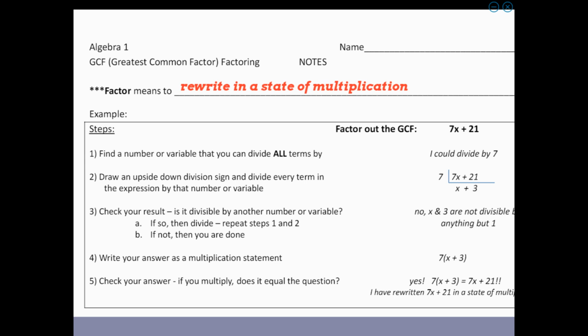The reason that the greatest common factor was in that skills check today is because it's an important part of our lesson for you to remember what we mean by greatest common factor.